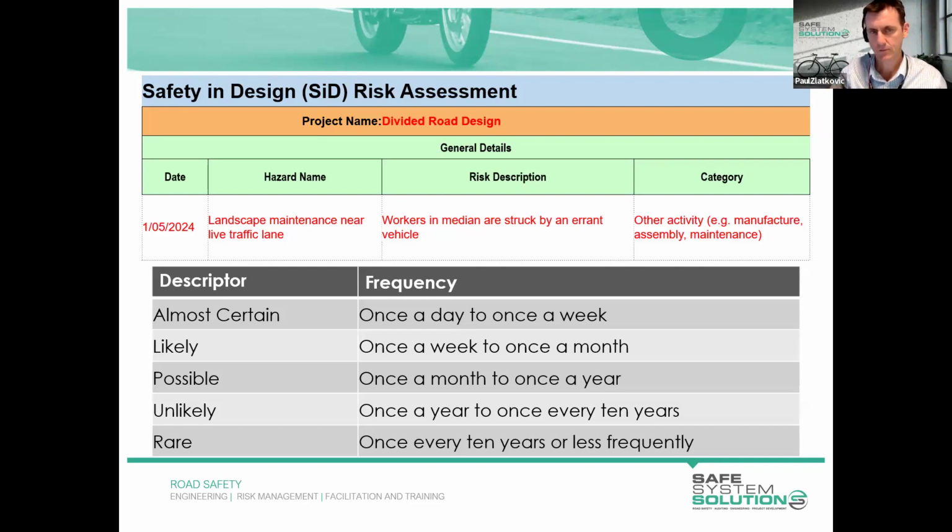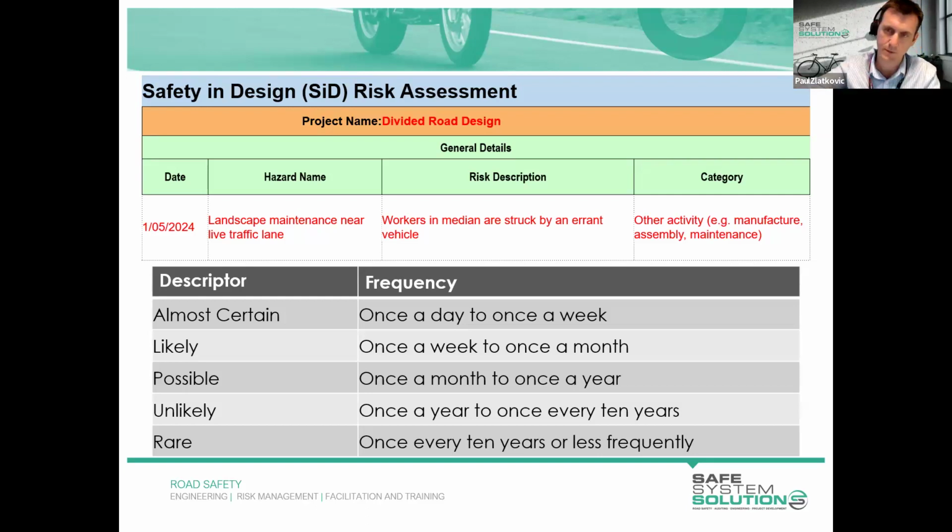There's a range of estimations around frequency, which is very much to be expected because we don't have all the information here. Everyone's got a different view of that scenario, and a varied opinion of the frequency of the risk occurring. We've got everything from almost certain, likely, possible, and unlikely. Sometimes you'd also consider the speed of vehicles in there.